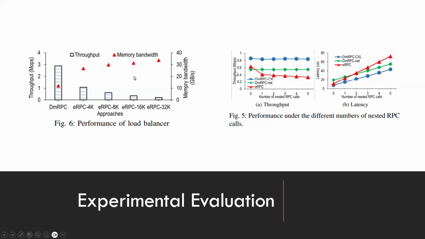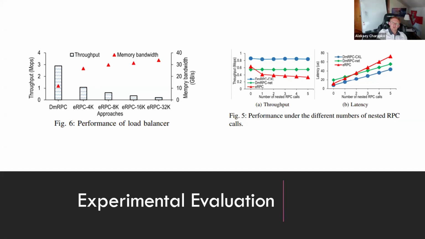So they're basically saying that throughput is like 4 or 5 times bigger than 4K load for eRPC, and the memory bandwidth is twice less. Yeah. But this is a trivial application. The load balancer doesn't do anything with the data except pass it along to the worker, like in that example that you showed before.